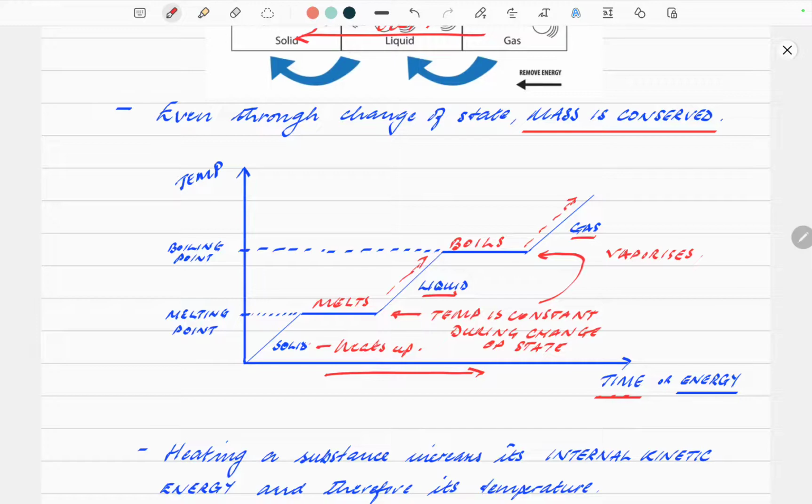All right. Now, the very important point to note about the temperature rises and the melting and boiling point is that the melting and boiling points, both of those, are very specific for each substance.